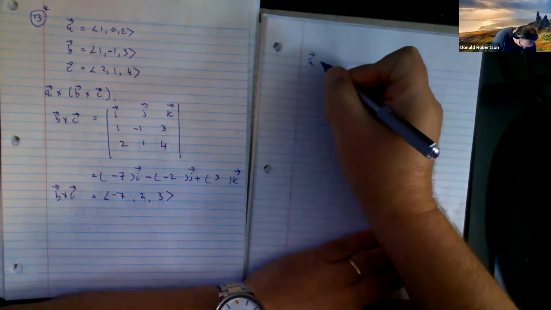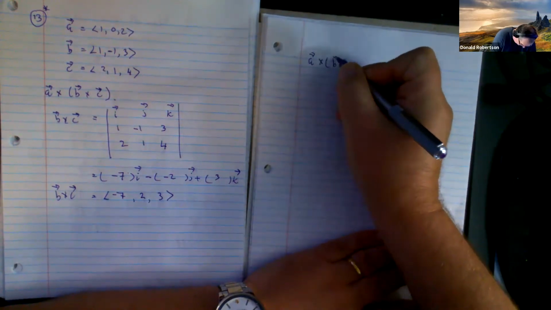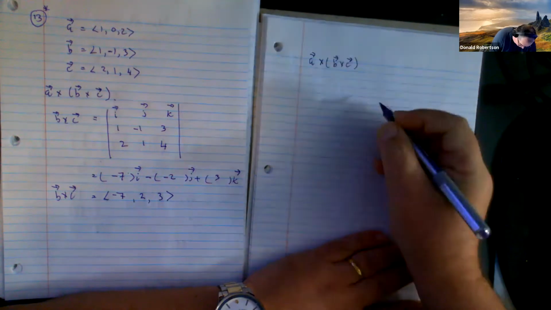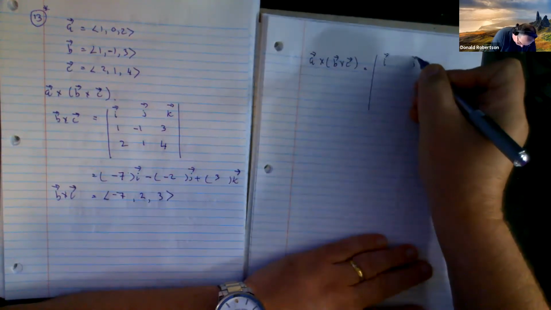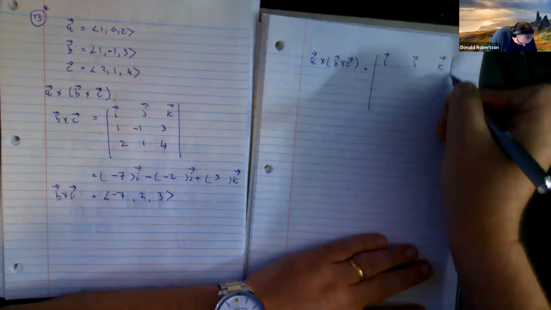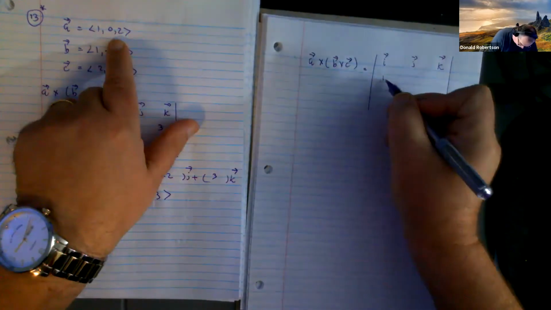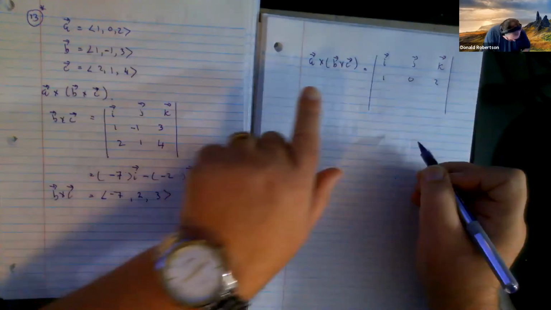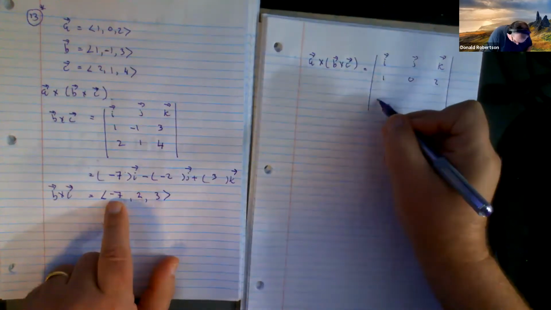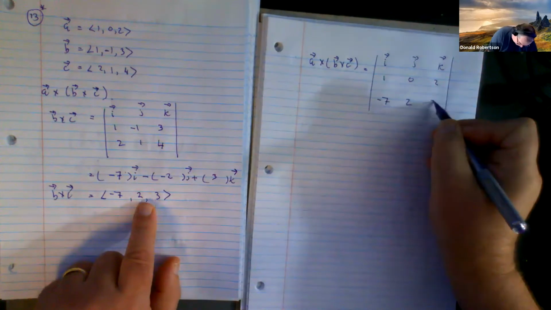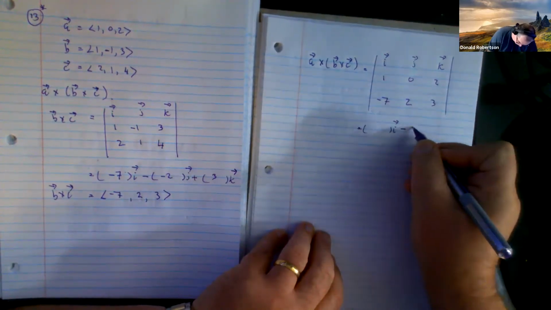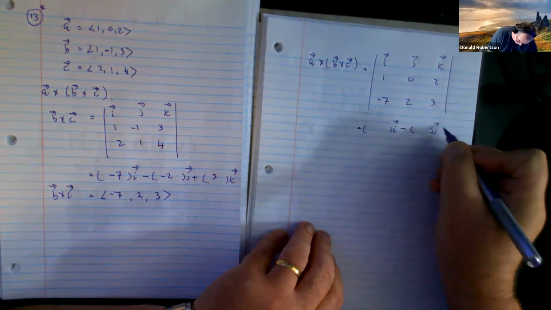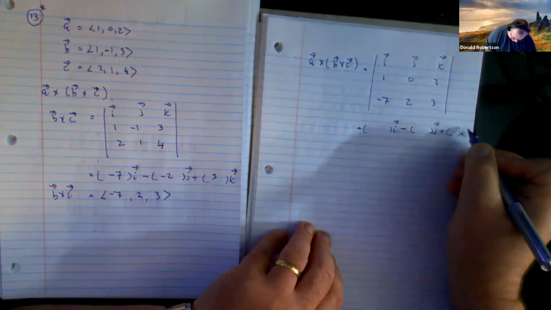And now we're going to do A cross this guy. So I'll set up my i, my j, my k. And A is 1, 0, 2. And this guy is -7, 2, 3. So many i's, take away so many j's, plus so many k's.